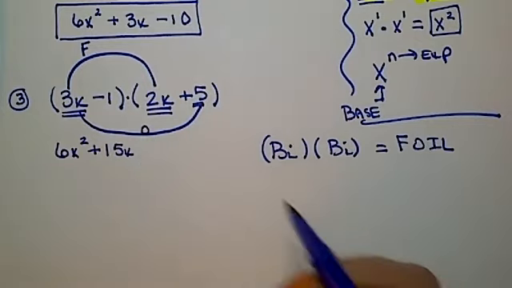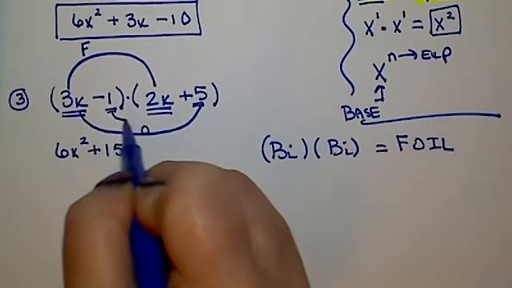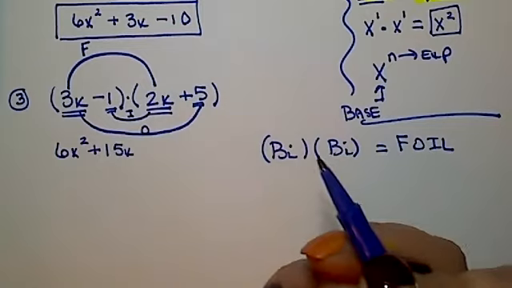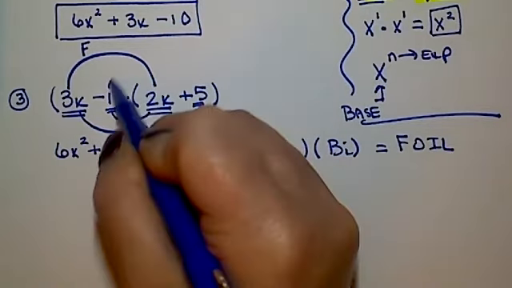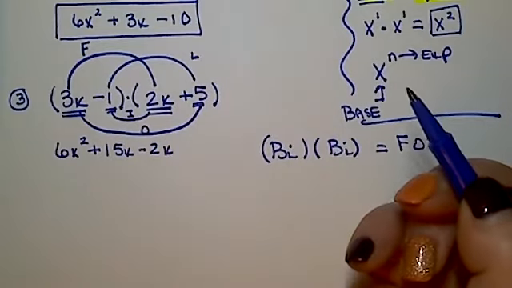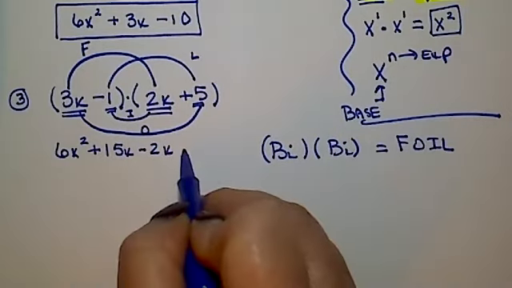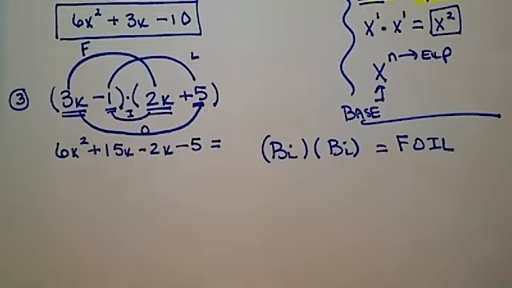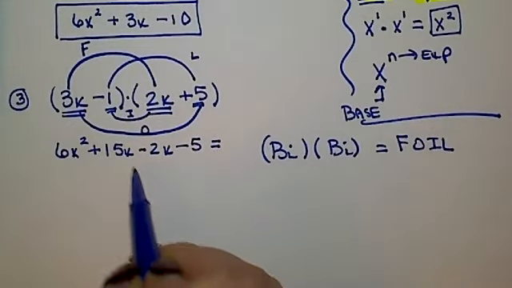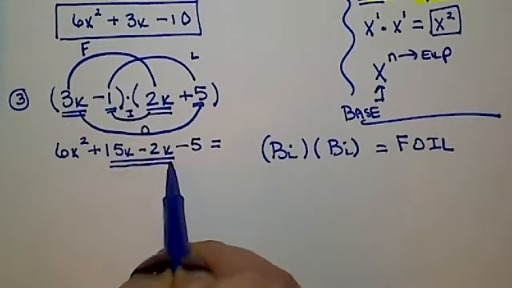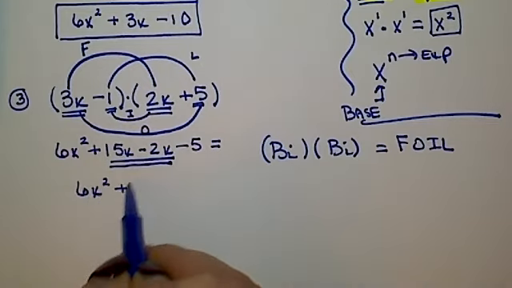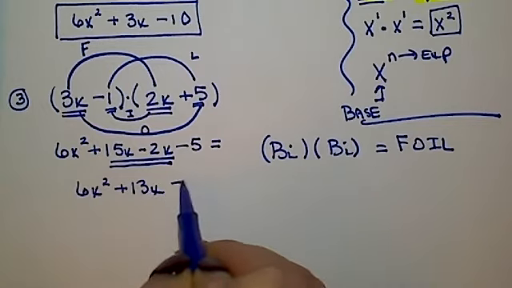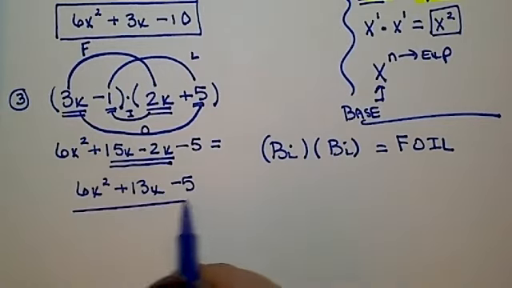That is your outside. -1 times 2x is -2x. And the last would be -1 times 5, which is -5. Now we have these like terms we can put together. So that would be 6x squared plus 13x minus 5.